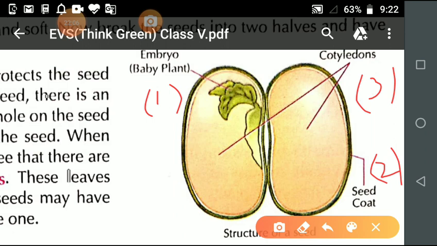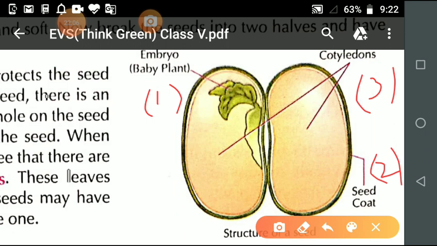So now what is the activity, student? Put that seed in water for the whole night. For better understanding of the structure of seed, do one activity. Take some rajma seeds and soak them overnight. It means put those rajma seeds in the water for the whole night. Now in the morning, what you will observe?